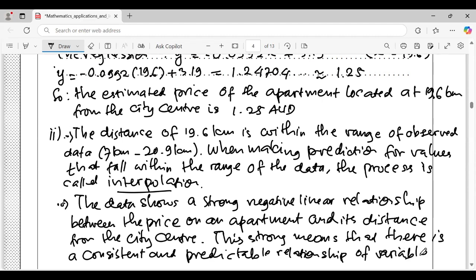There are two variables. Okay, relationship of two variables.